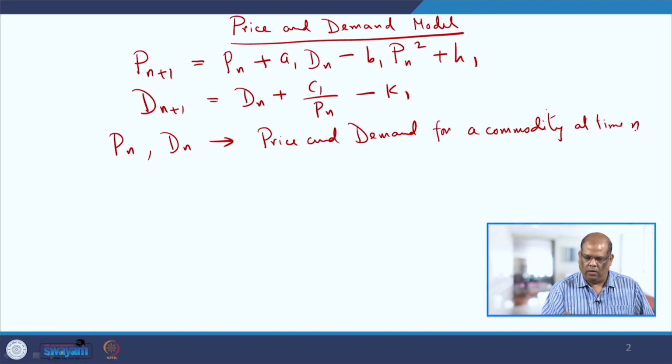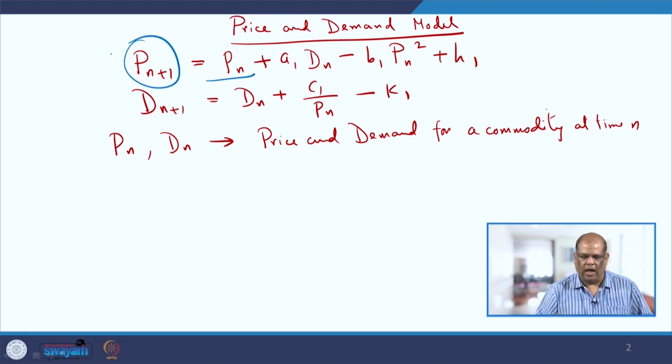Now, the very first term, so price at time n, and this is the price at time n plus 1. So, price at time n plus 1 is dependent on the price at time n plus the demand. So, as your demand increases, your price also increases.